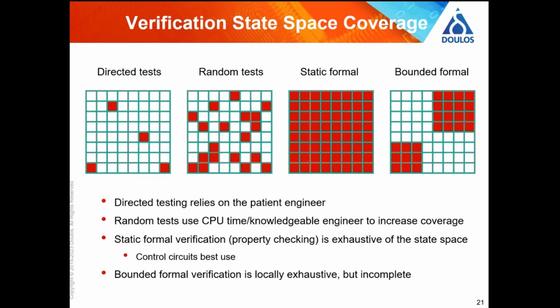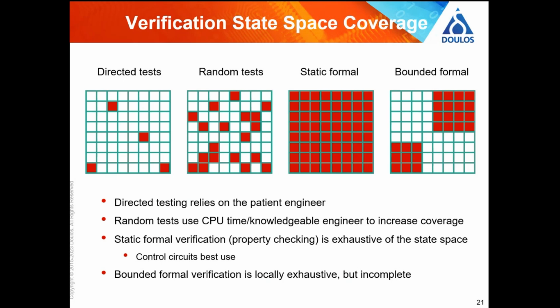But leading on to this idea of formal is a mathematical proof that your design works under any circumstance, 100% state space coverage. And how cool is that? Really cool. Why do we bother with simulation at all? I'll explain this afternoon in my tutorial.